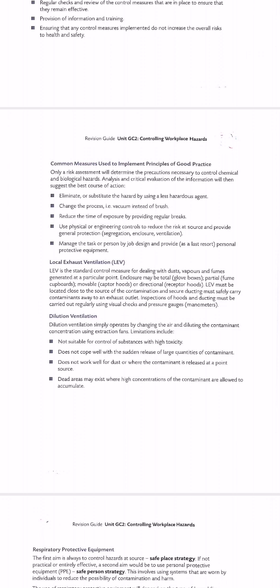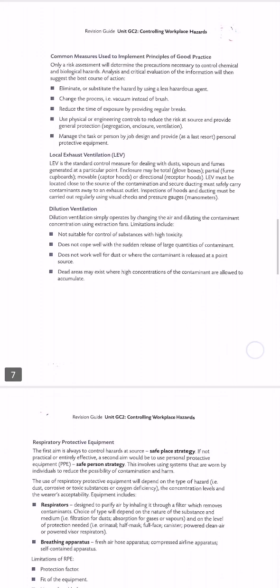Then dead areas may exist where high concentrations of contaminant are allowed to accumulate, right? So this process is not that accurate, but it's like a big exhaust fan to remove the toxic air around. Then you have local exhaust fan also, right?